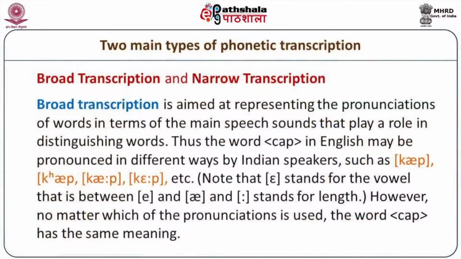So there are 2 main types of phonetic transcription, known as broad transcription and narrow transcription. Broad transcription is aimed at representing the pronunciations of words in terms of the main speech sounds that play a role in distinguishing words. Thus the word cap, C-A-P, in English may be pronounced in different ways by Indian speakers.